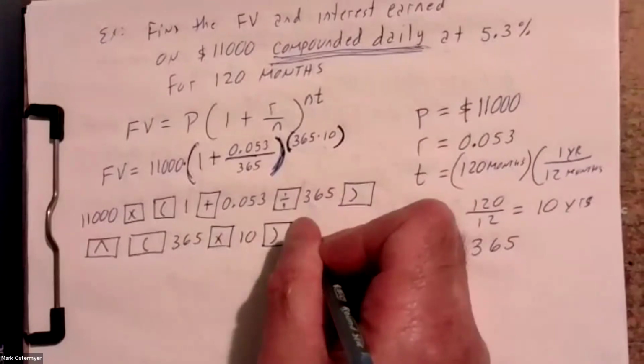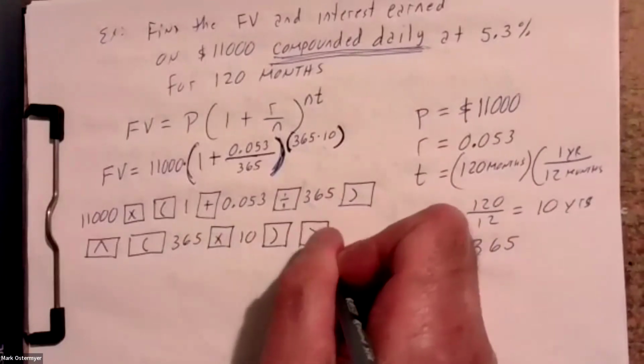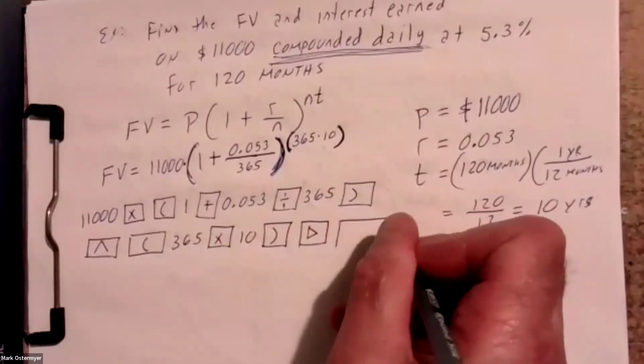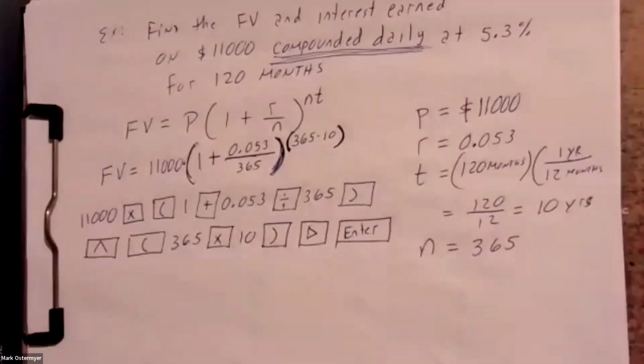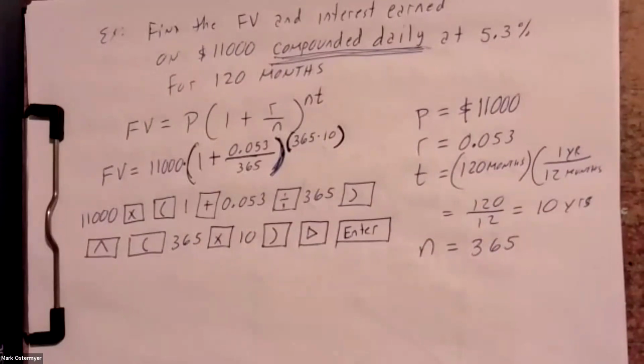Right arrow key to bring your cursor back down to the main level. Enter. You will have your answer staring at you. That's how you type it in literally keystroke per keystroke on the TI-30XS.